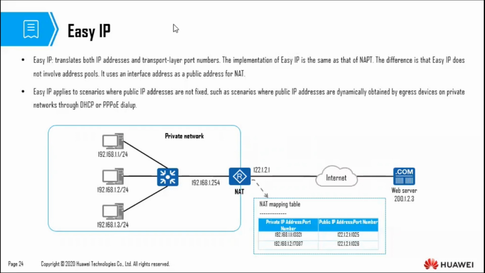Normally, Safaricom will connect to your router using what we call PPPoE, point-to-point protocol over Ethernet, and assign you a single public address. Are you getting the point? Then everyone accessing the internet using that router is going to be mapped to the same public IP address. But now the only difference is going to be the port numbers.